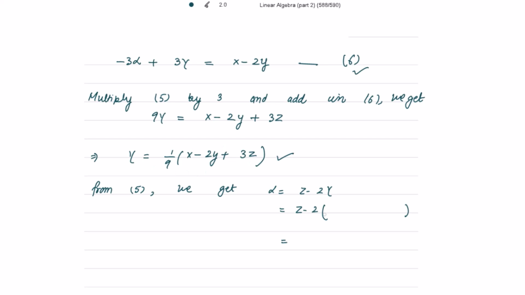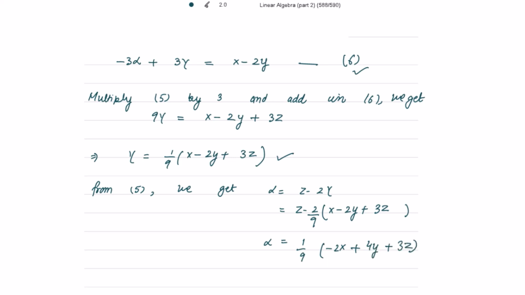I put the value of gamma over here, taking 1 by 9, so minus 2 by 9, x minus 2y plus 3z. If you solve this, you will get your alpha to be equal to 1 over 9 times minus 2x plus 4y plus 3z.